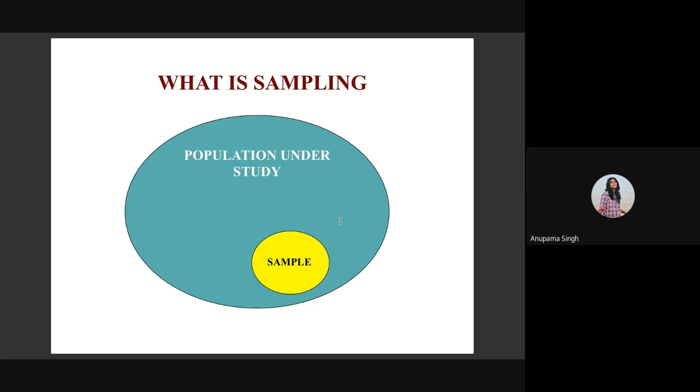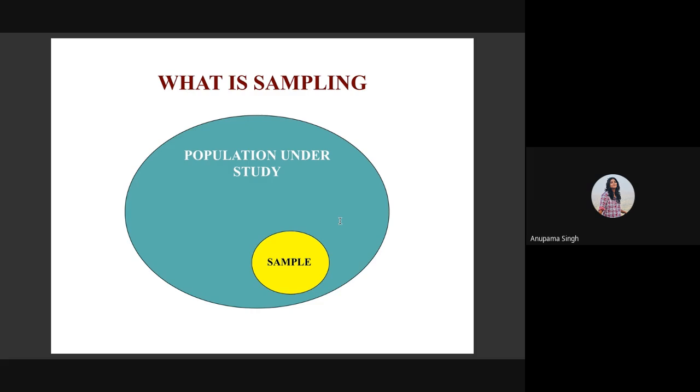In that case, we draw a representative part of that population and we call that a sample. The bigger set of individuals is called the population, and in some books it is also called the universe, but in standard notation we call it the population.